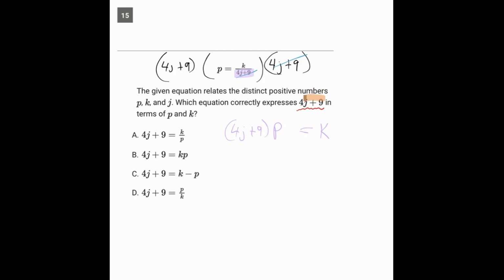We want that 4j plus 9 all by itself. So what's happening right now to 4j plus 9? It's being multiplied by p. So let's do the opposite and divide it by p. This will cancel here, and now we know that 4j plus 9 is equal to k over p, which is answer choice A.